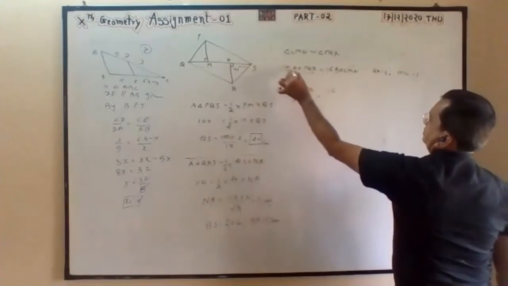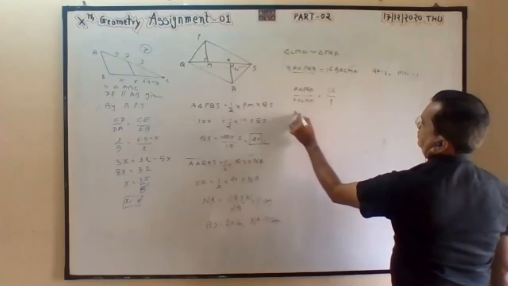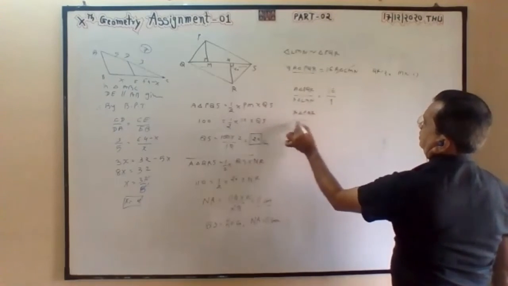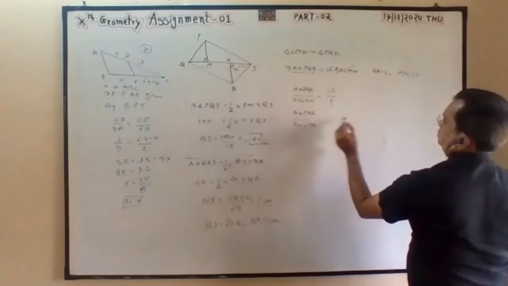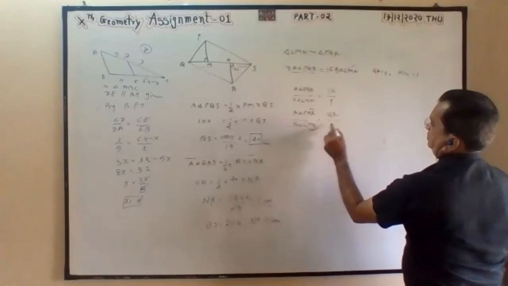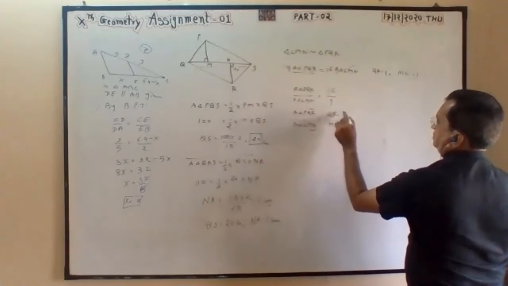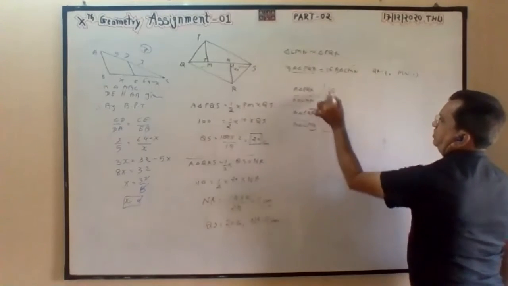And we know that area of triangle PQR divided by area of triangle LMN is equal to QR squared over MN squared. So these two are equal.